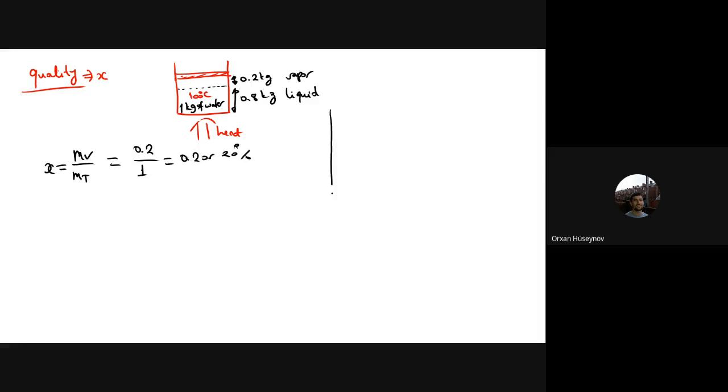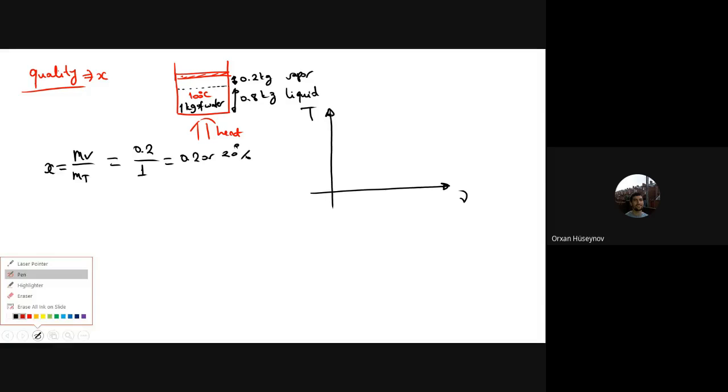If I draw it on a T-nu diagram, if you remember, in the T-nu diagram we had the saturated liquid line. Let me draw it again, this part. We had the saturated liquid line and we had the saturated vapor line in the T-nu diagram.